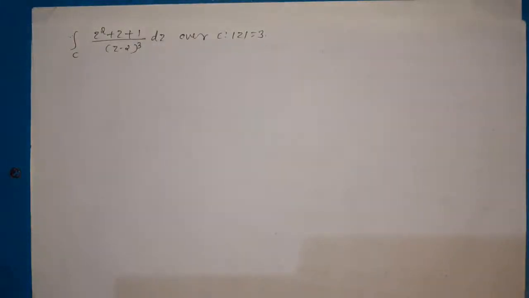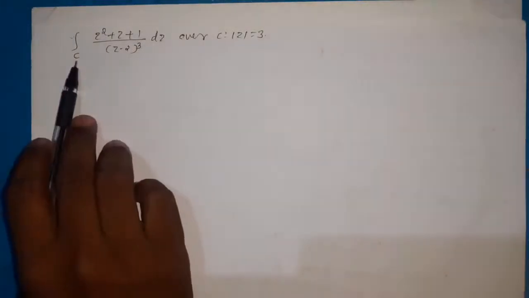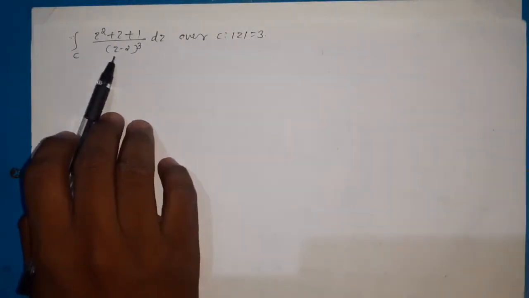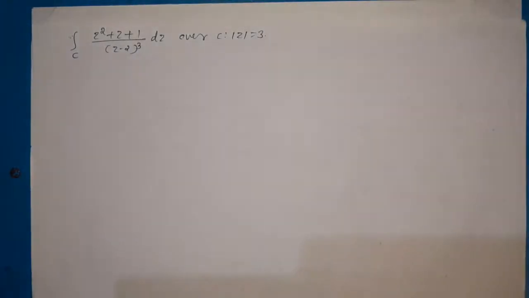The next example is: evaluate the integration over C of (z square plus z plus 1) divided by (z minus 2) whole cube dz. So here also, see the denominator. The denominator is of the form (z minus a) whole power n plus 1. Therefore we are going to use Cauchy's integral formula for derivatives.